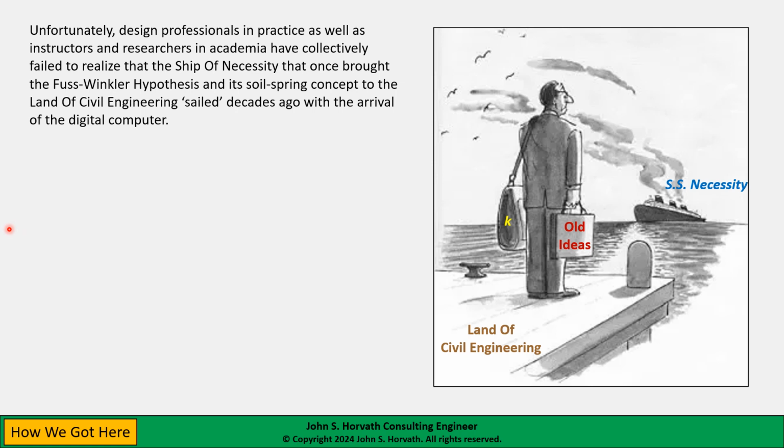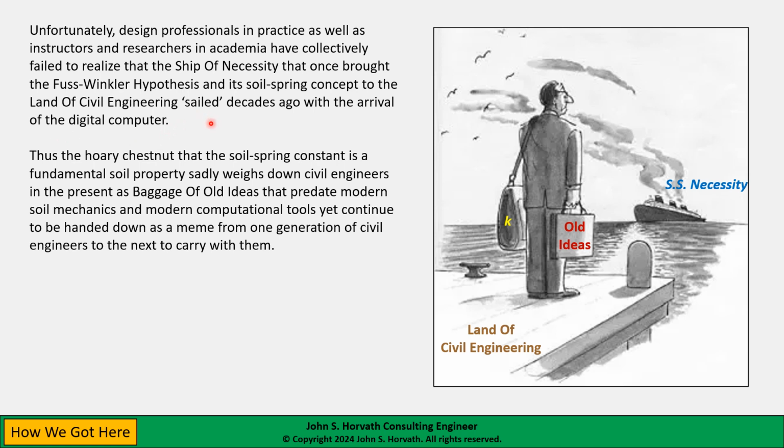So to wrap things up, unfortunately, and this is why still 50 years later I'm still preaching about this, design professionals in practice, as well as instructors and researchers in academia, I think even in the present have collectively failed to realize that the ship of necessity that once made us use the Fuss-Winkler hypothesis and its soil spring concept, that ship sailed a long time ago when the digital computers arrived in the 1970s and beyond.